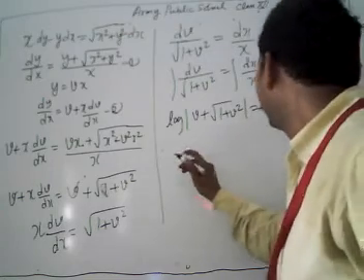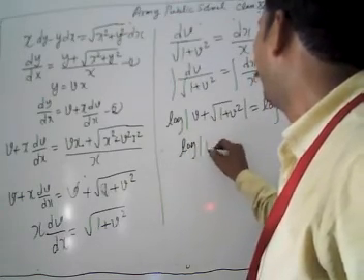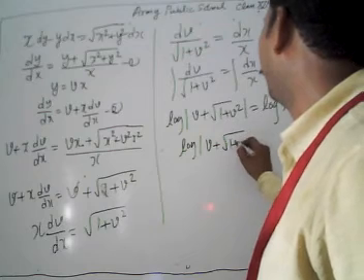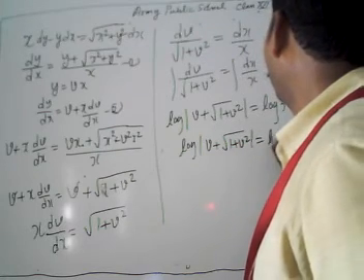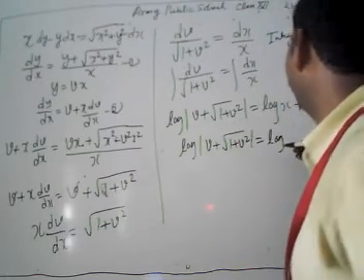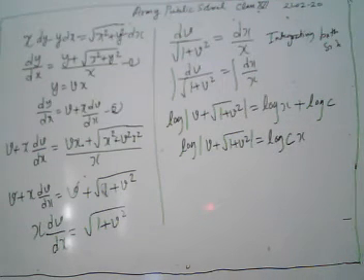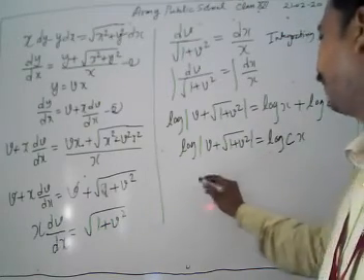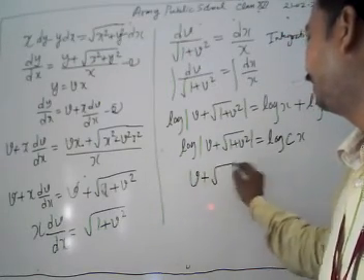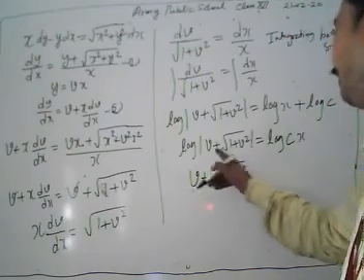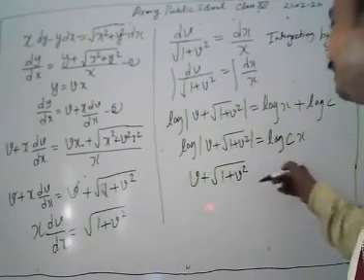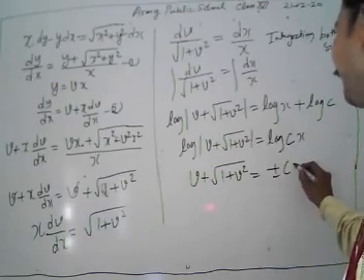Now log of v plus under root 1 plus v square equal to log of cx, since log m plus log n means log of m into n. Then finally v plus under root 1 plus v square equal to plus minus cx.